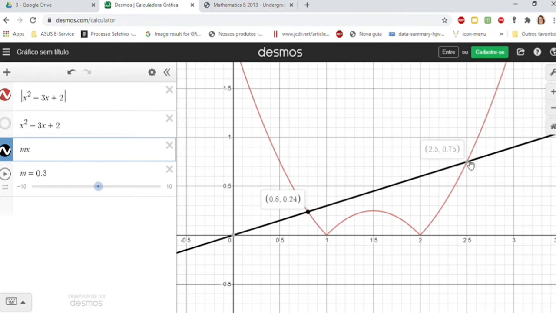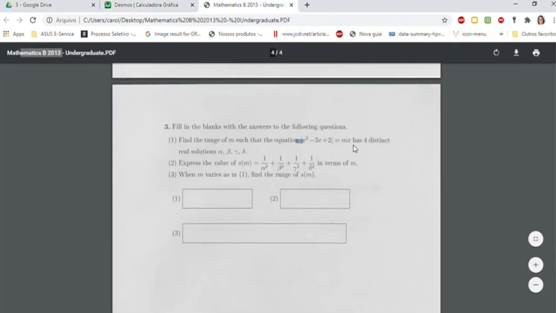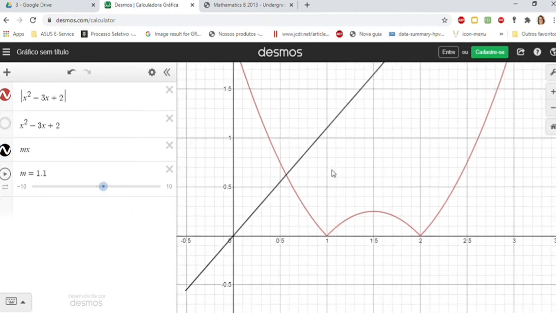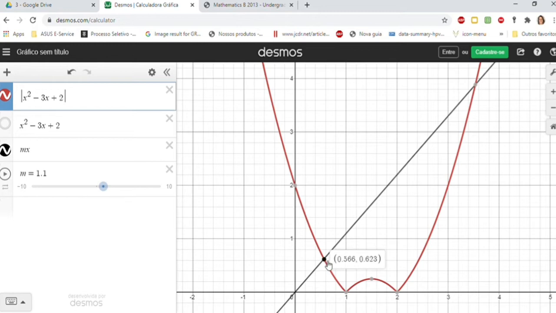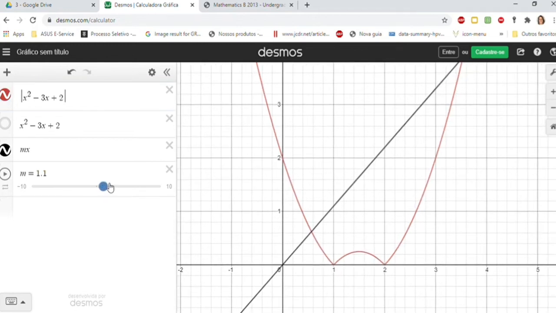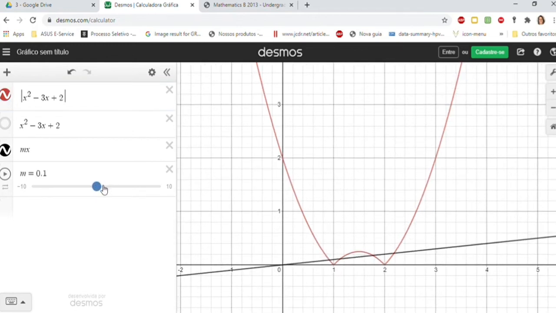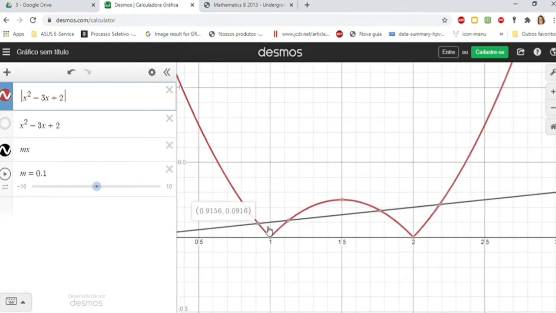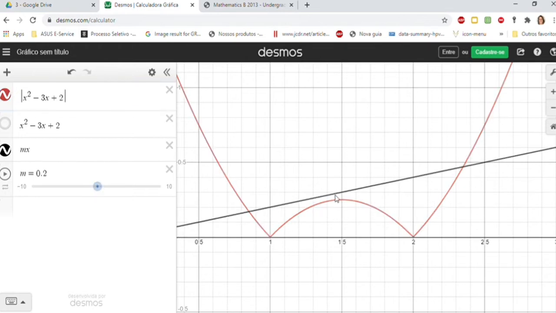Well, 1, 2. Does this satisfy our condition? No, we need to have 4 solutions. So let's go bigger. That's bad, because when we go bigger we still have only 2 solutions. So let's go down. Look, now we have 4 solutions. Now it cuts over here, over here, over here, and over here. And at other times this line doesn't have 4 solutions.